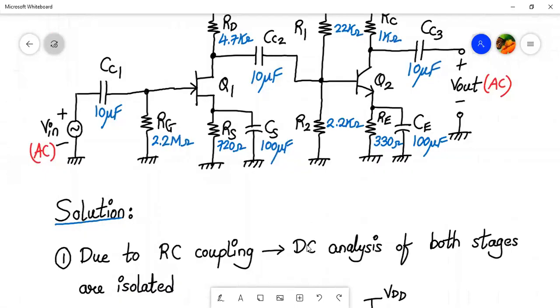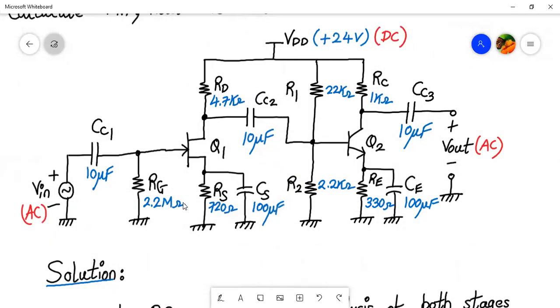So let us check out the values. The value of RG is 2.2 mega ohm, RD is 4.7 kilo ohms, RS is 720 ohm, CC1 is 10 microfarad, CC2 is 10, and CC3 is also 10 microfarad. CS and CE are 100 microfarad, R1 is 22 kilo ohm, R2 is 2.2 kilo ohm, RC is 1 kilo ohm, and RE is 330 ohm.